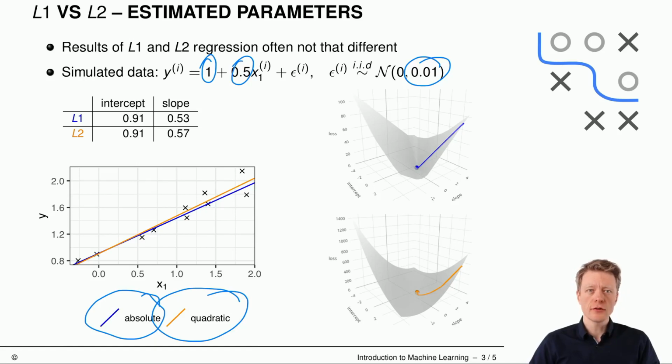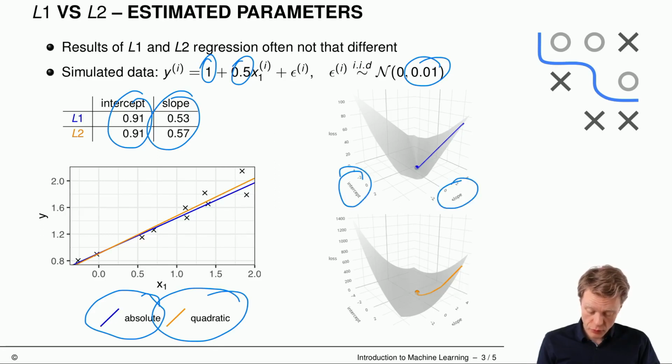And you see those lines are very similar. Here, actually, the intercept is the same, just the slope is a little bit different. The slope of the L1 is a little bit lower than the slope of the L2, but it's not that different. On the right-hand side, you see the loss surfaces of intercept and slope versus the loss for L1 and L2.